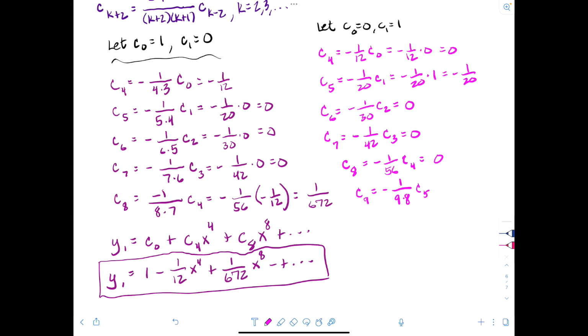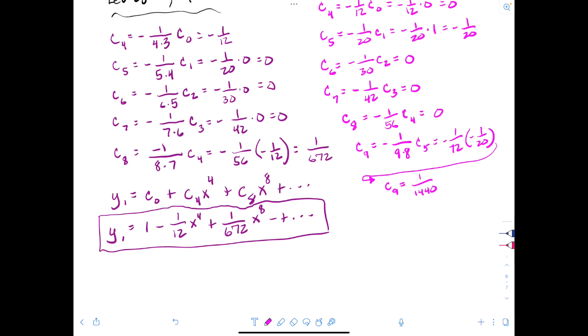C5 is negative 1/20. So we'll get negative 1 over 72 times negative 1/20. And that will end up giving us that C9 is equal to 1 over 1440. Cool?